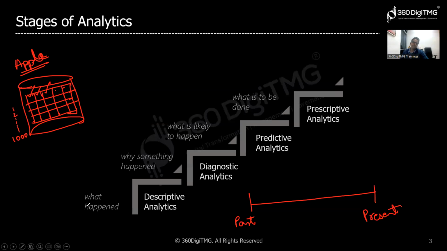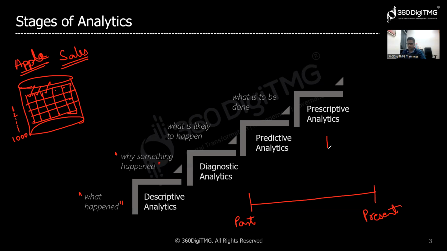If you ask questions on what happened with respect to the sales of different products, right since the first month until the 1000th month, then it is called descriptive analytics. If you ask why that happened, why do you think sales of each and every product were exponentially increasing and then hitting a plateau, for example, then it is called diagnostic analytics. Both descriptive and diagnostic analytics talk about what happened in the past until now.